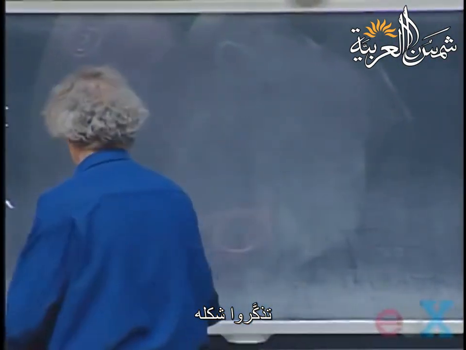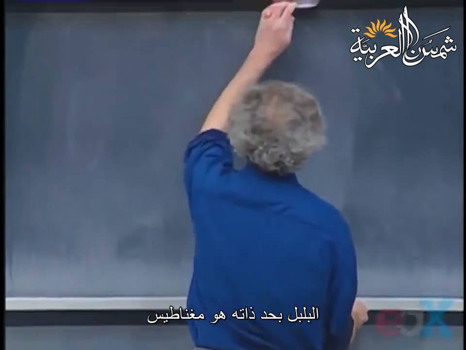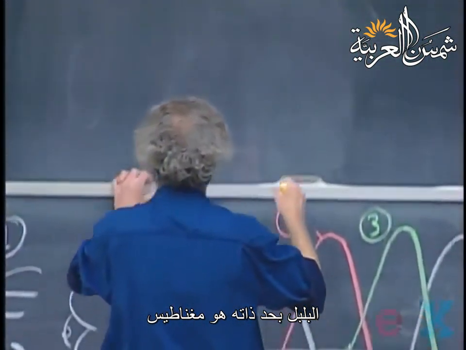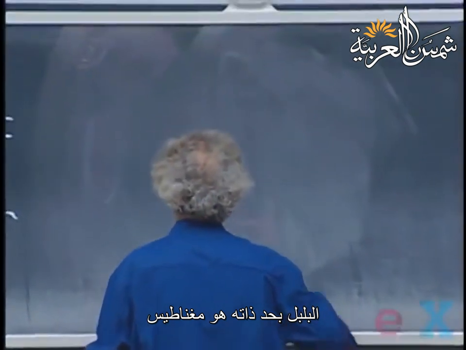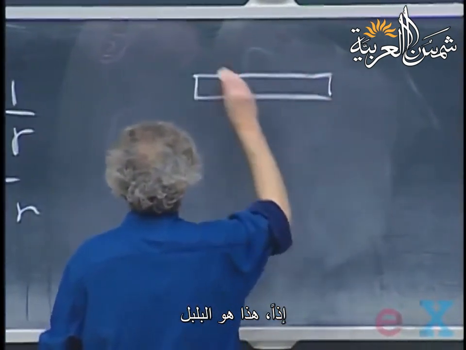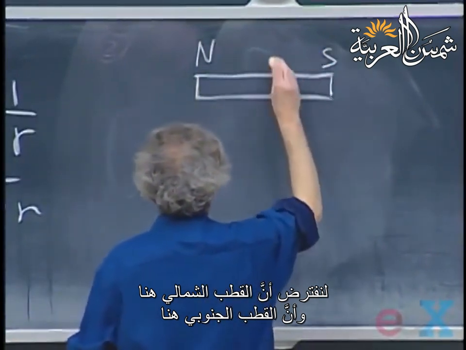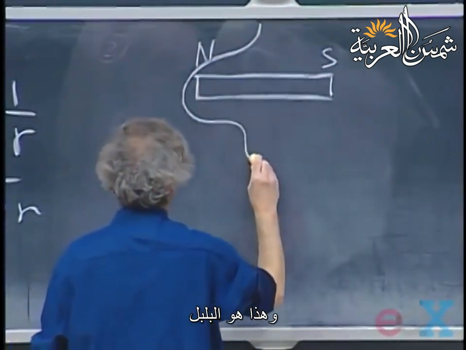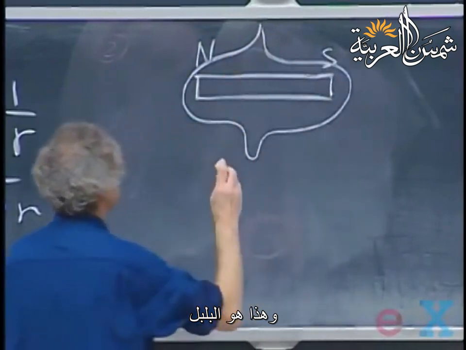Remember what it looks like. In the top itself is a magnet. So here is the top. Let's say this is north and this is south, and this is that top. We're rotating it, we're spinning it.